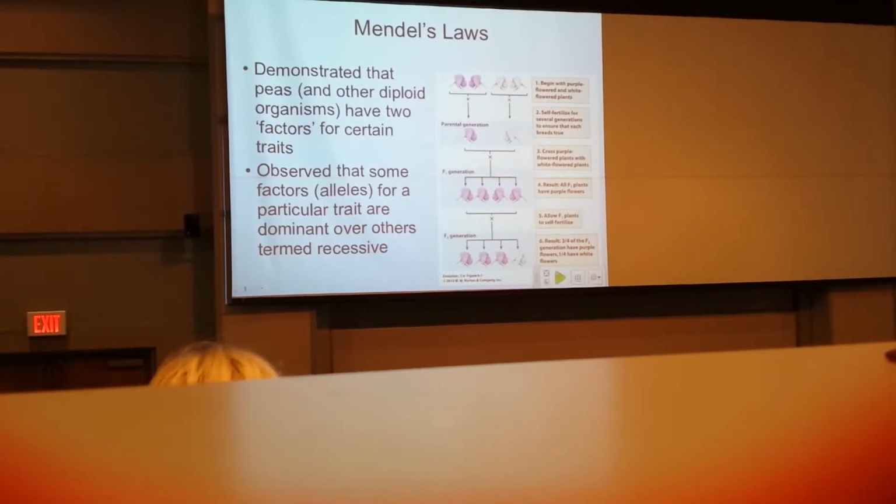If you don't have at least 1 copy, then you wind up making these unpigmented flowers. So these genes that are what we call dominant are expressed whether you have 1 or 2 copies. If they're recessive, they're only expressed if you have both copies. So for white, you would have a white allele that's recessive and a purple allele that's not.